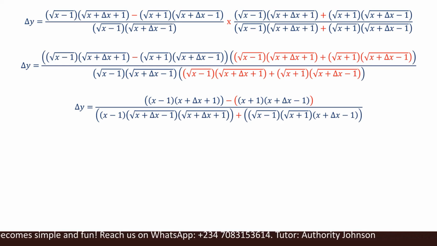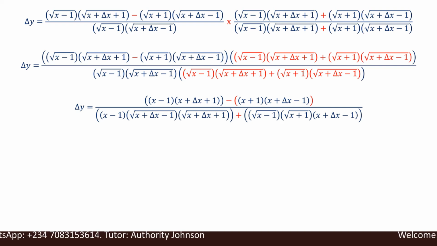So, if you have been following us till now, I think what we did in this numerator should not be a challenge to you, right? Good. Now, in the denominator, look at what we're going to have. We have x minus 1 in bracket, then square root of x plus change in x minus 1 in bracket, square root of x plus change in x plus 1 in bracket, plus square root of x minus 1 in bracket, square root of x plus 1 in bracket, x plus change in x minus 1 in bracket.